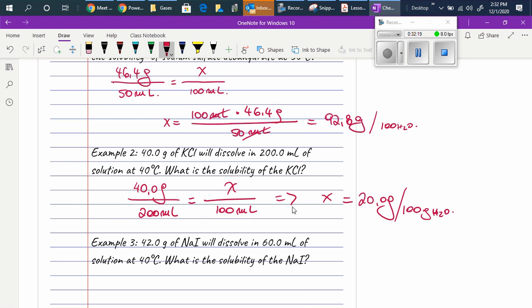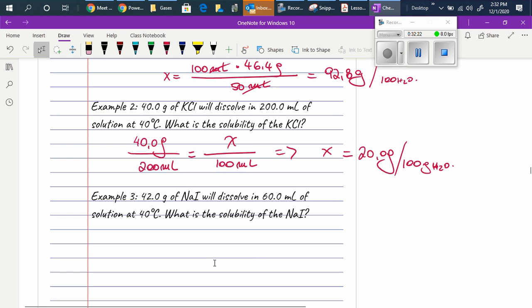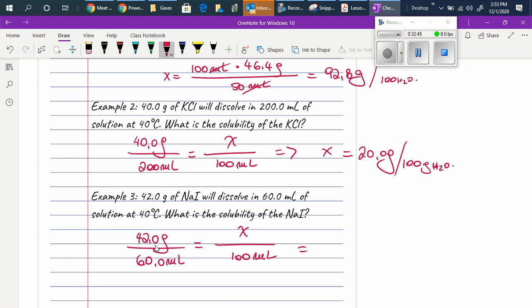And now what we have here is 42.0 grams of sodium iodide will dissolve in 60 milliliters at 40 degrees. What is the solubility? Again, this is easy because it is 42 grams in 60 milliliters, but we want it in 100 milliliters, X, and this will be 100 milliliters times 42.0 grams over 60 milliliters.